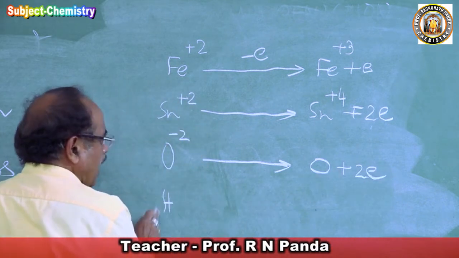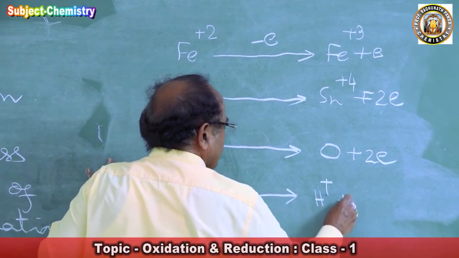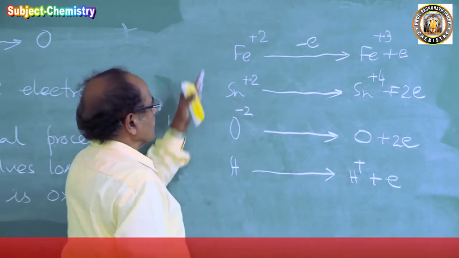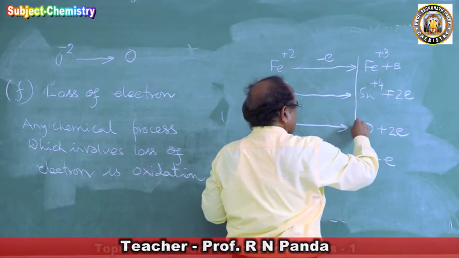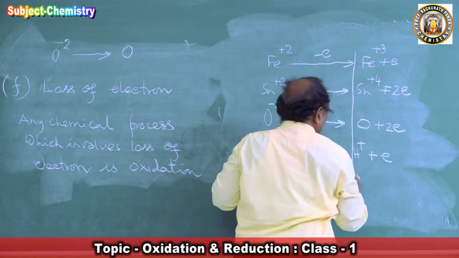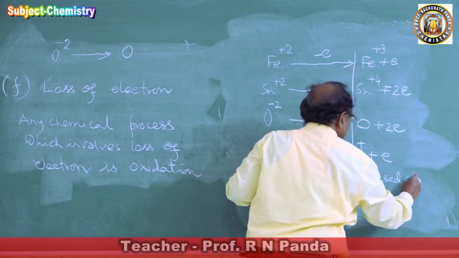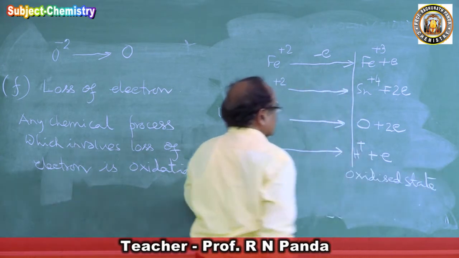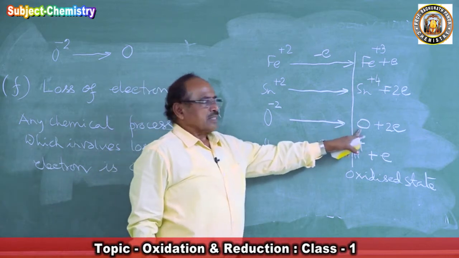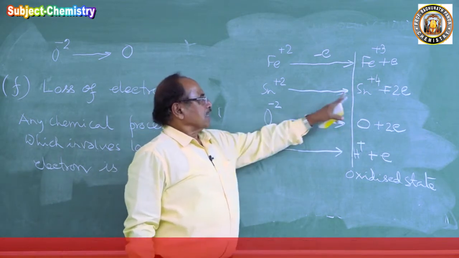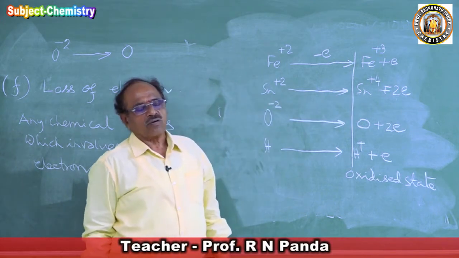Or we have hydrogen atom. When this hydrogen atom becomes H+ ion, all these are oxidation, and all these, from Fe+3 onward, are the oxidized states. H+ is the oxidized state of hydrogen. Oxygen is the oxidized state of oxide. Stannic is the oxidized state of stannous. Ferric is the oxidized state of ferrous.